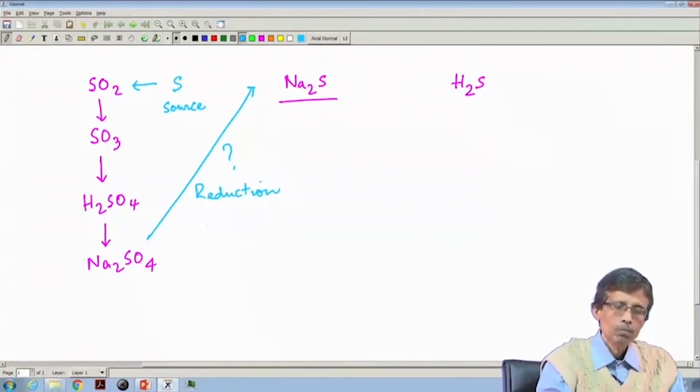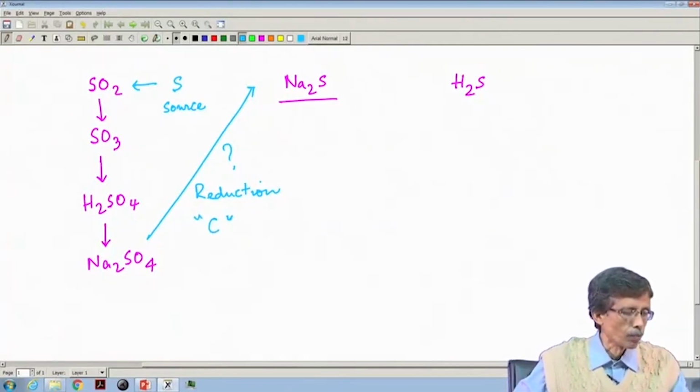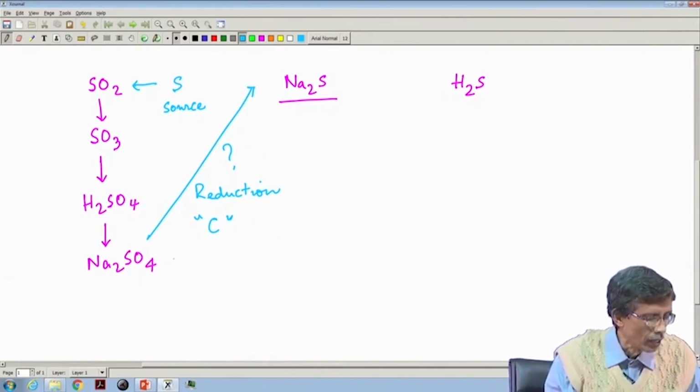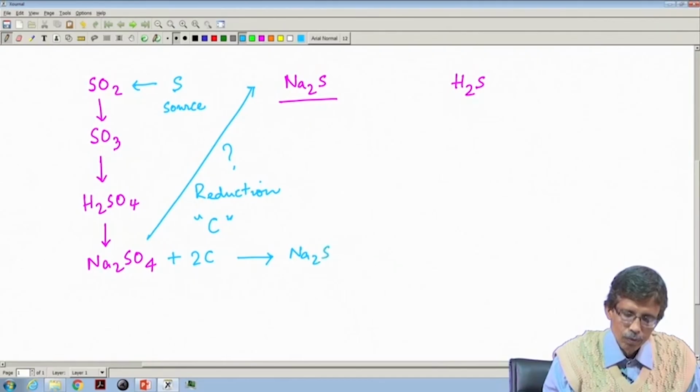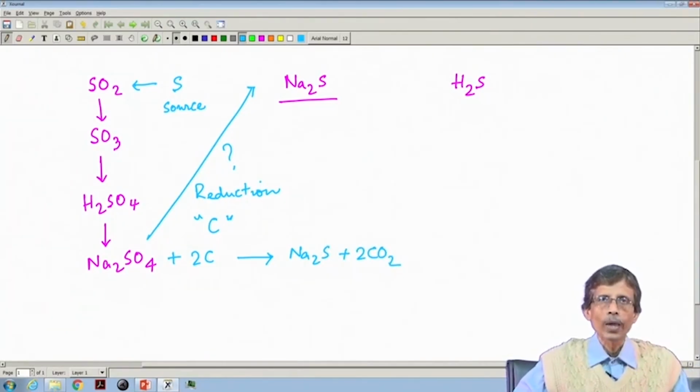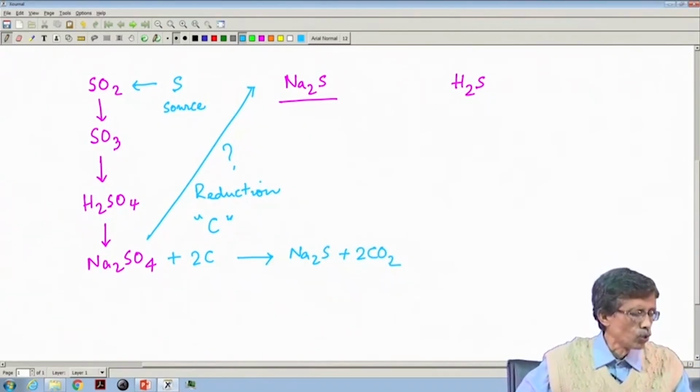Carbon is the simplest way, that means the charcoal reduction process. So, the charcoal reduction of Na2SO4 with twice of C gives you Na2S plus the rest. That is the simplest way of making sodium sulfide.